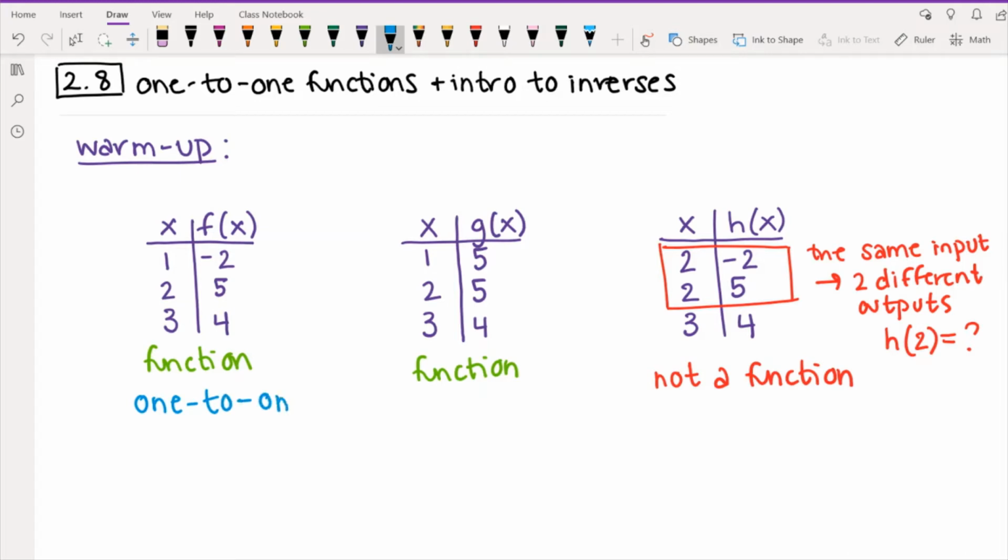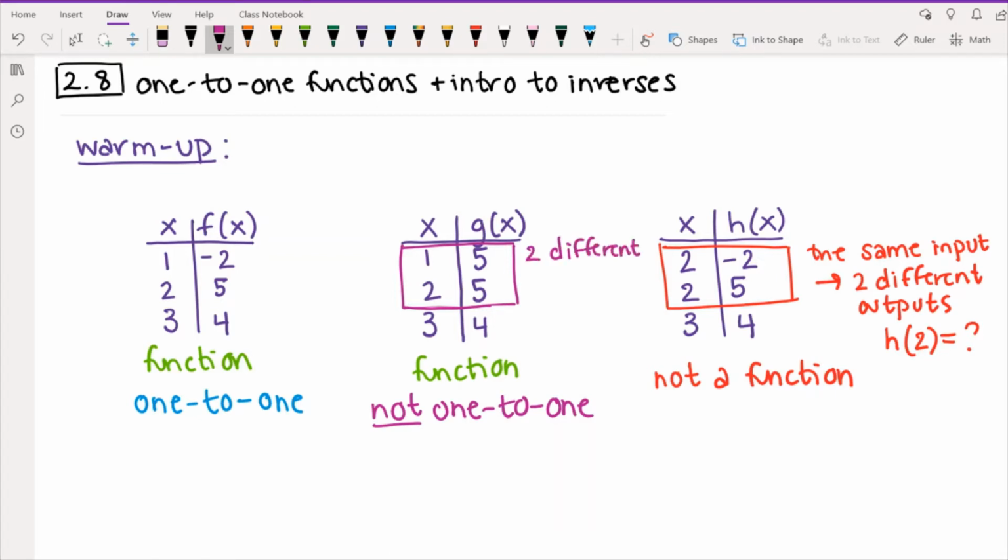So one-to-one basically means that every input goes to its own individual output. One input, one output. So the second one here, this one is not one-to-one. So why is this not one-to-one? Well, basically because we have this situation here where we have two different inputs, and those two different inputs are being sent to the same output.